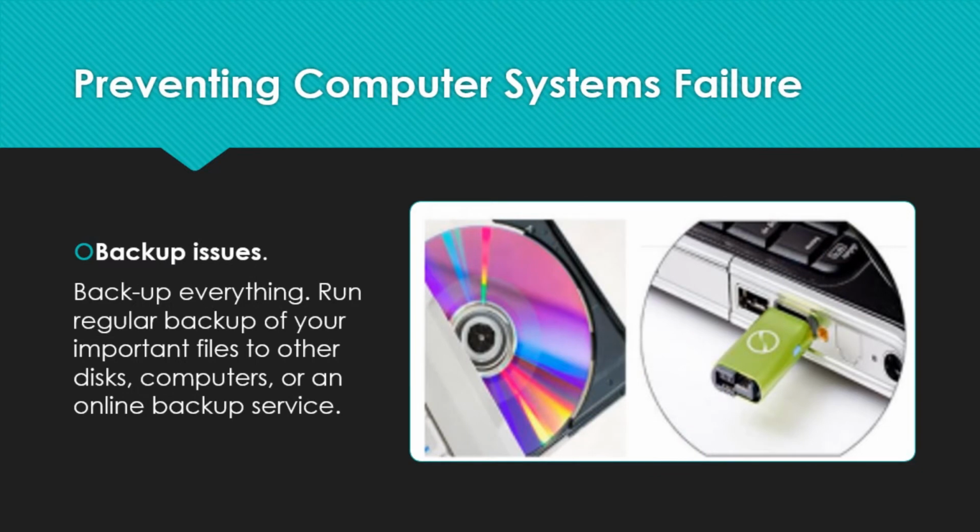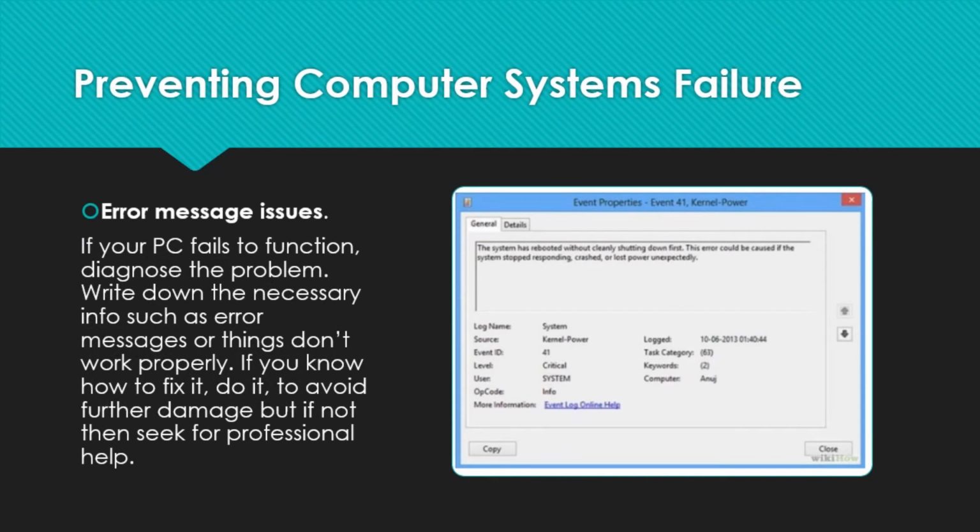Backup issues. Backup everything. Run regular backups of your important files to other disks, computers, or an online backup service. If you're not familiar, backup means creating another copy for security purposes. Error message issues.